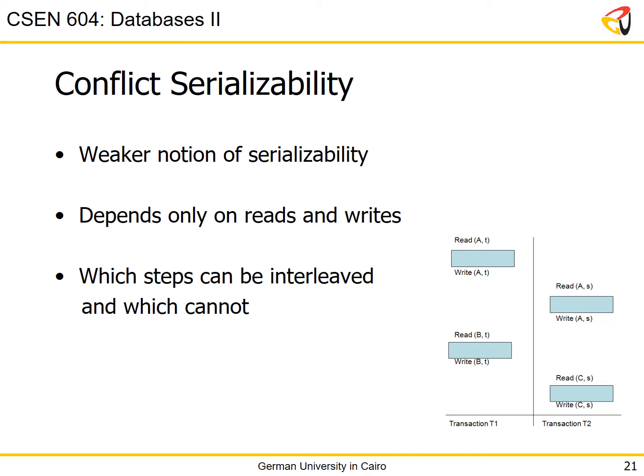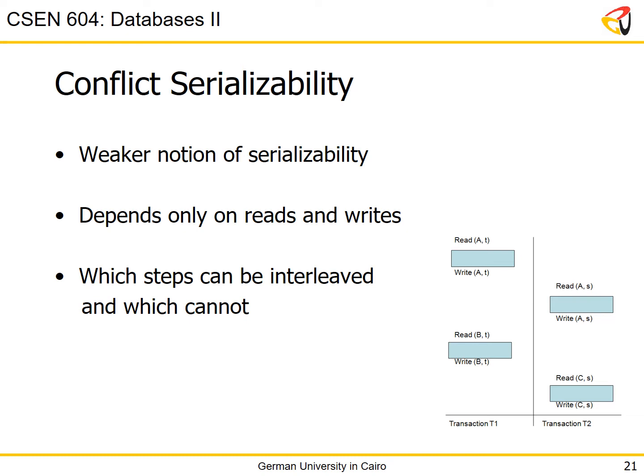The idea is to think carefully about steps that, if we change their order, the impact of this change will make the result not what we expect, versus steps, reads and writes, that we can flip their order without an impact on the final output. So we have two types of swaps, if you'd like.